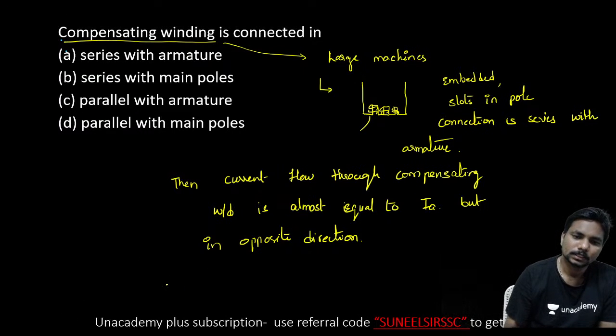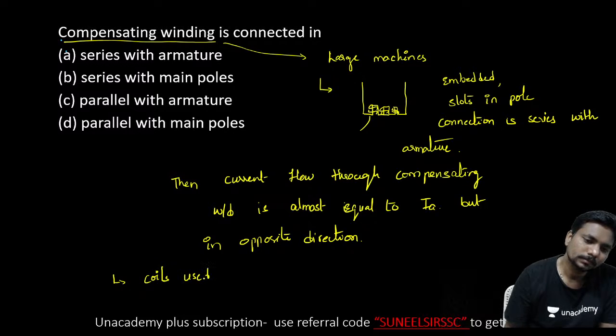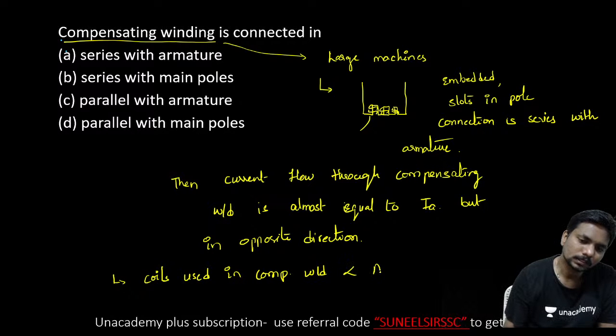But the number of coils used in the compensating winding is always less than that of the armature coils.